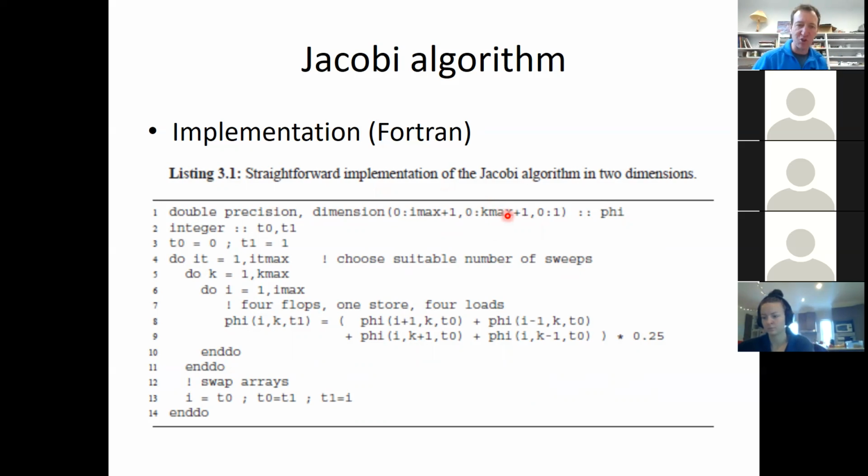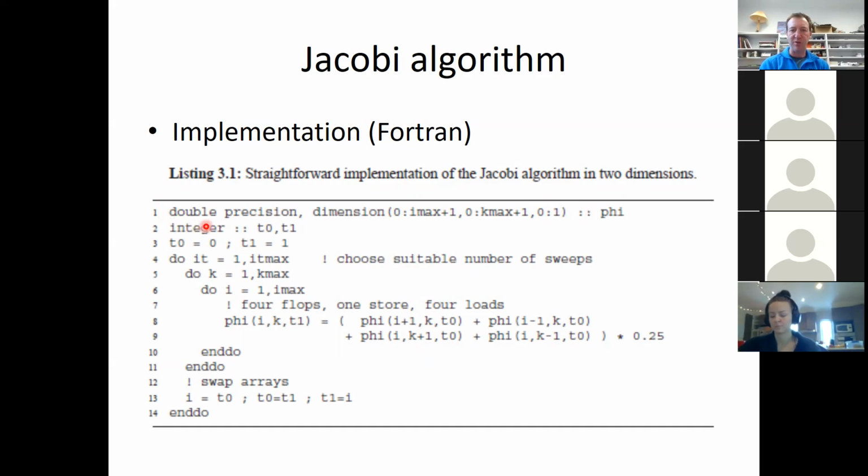And phi is not only in this x and y dimension, but there are two of these arrays kept at the same time. This is this extra dimension here, 0 and 1. So we have essentially two arrays kept at the same time. One is the original one, and the other one is the updated one.